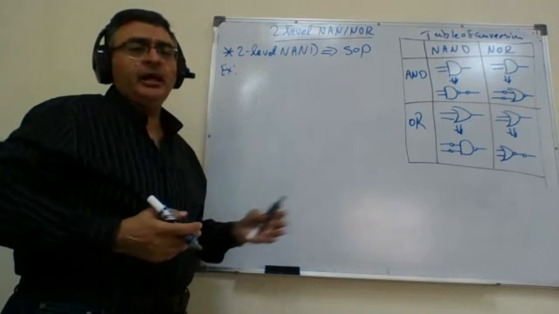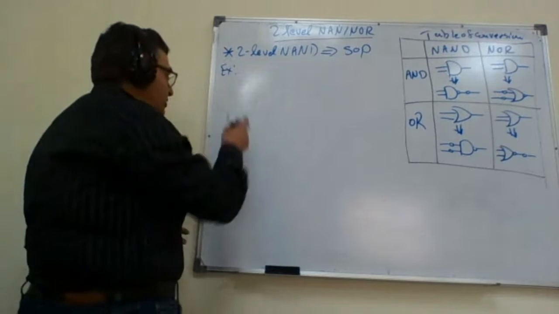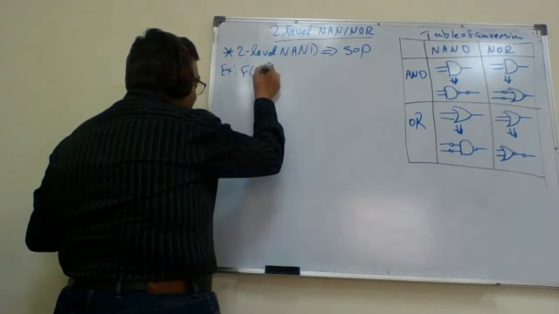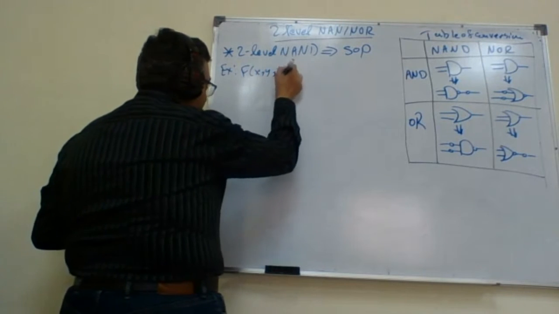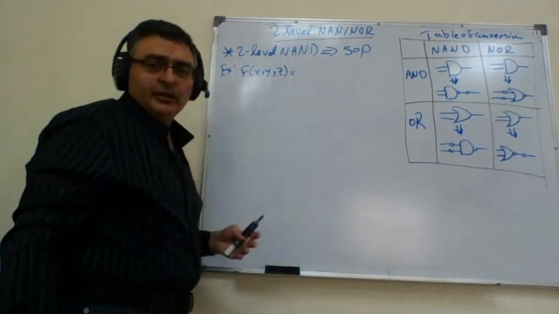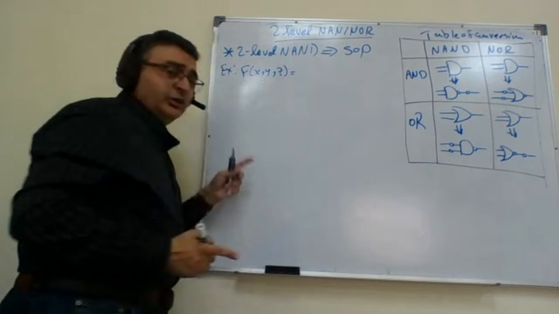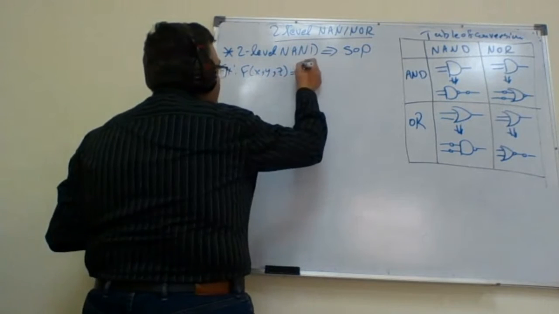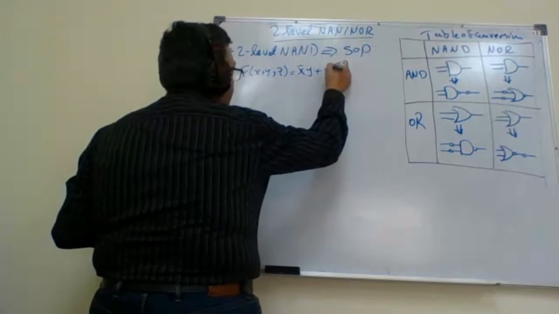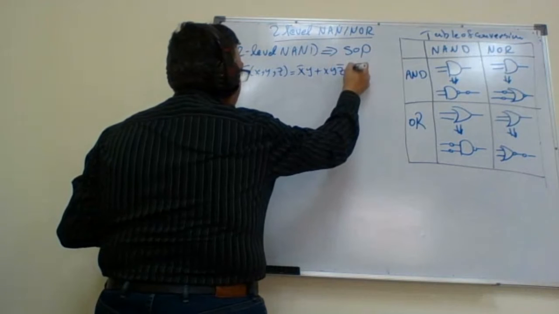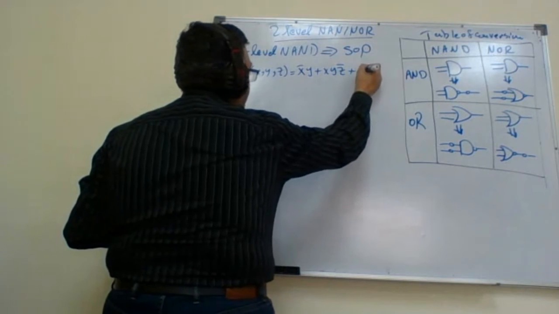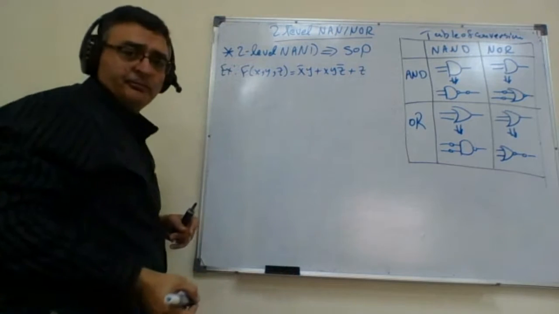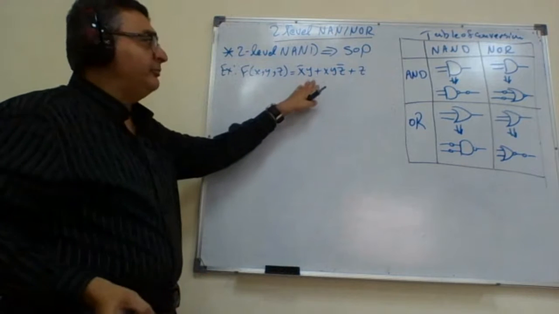Now, let's pick any example of a Boolean algebra equation. Let's say f of x, y, and z equals, pick anything, okay? But the only condition is to be SOP. X bar y, x y z bar, maybe z, whatever function that you have.